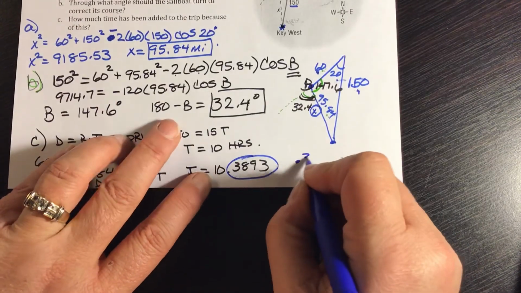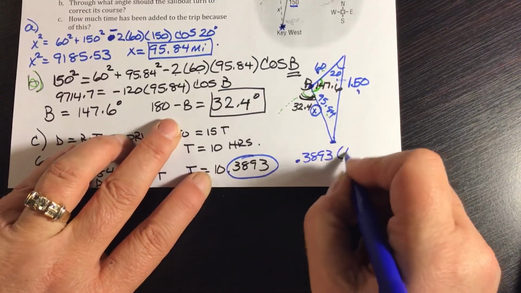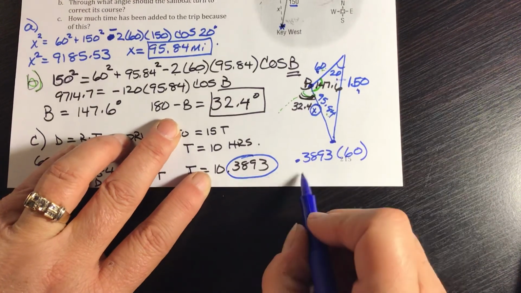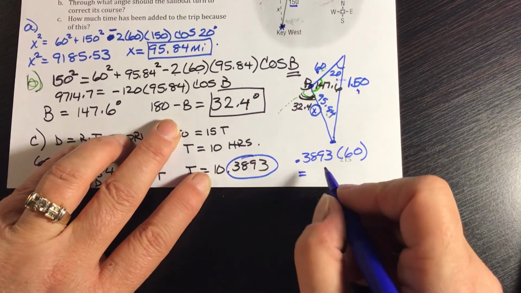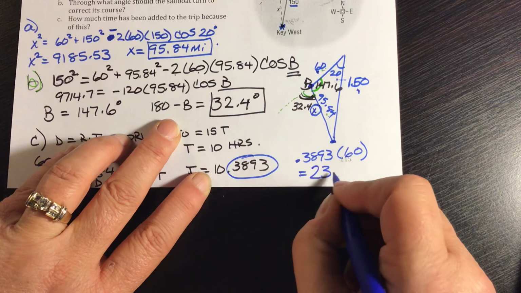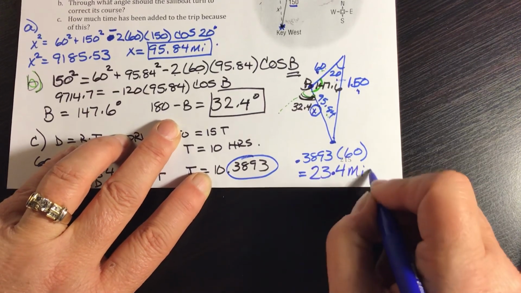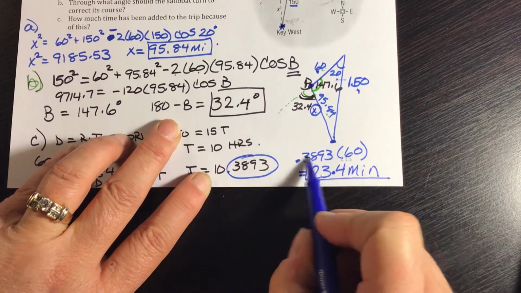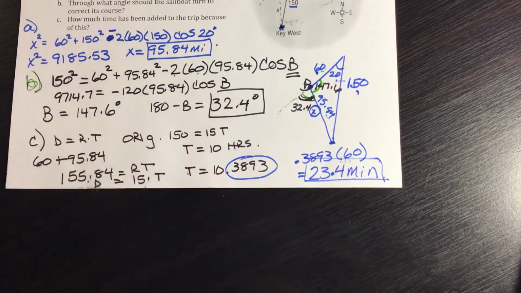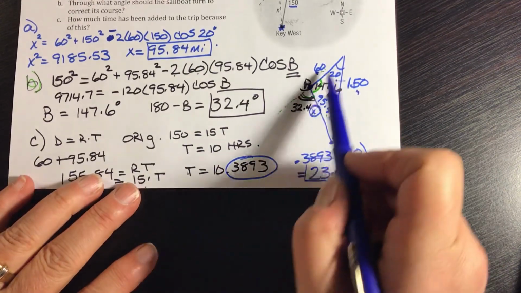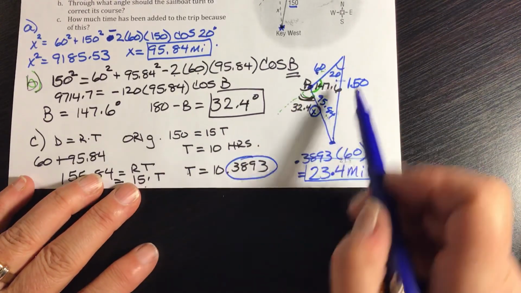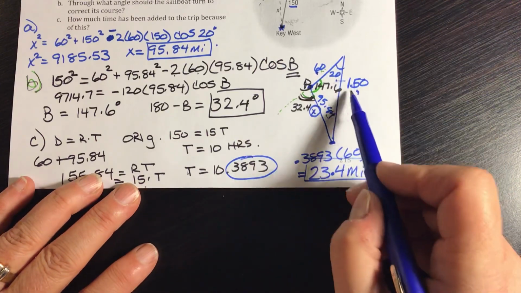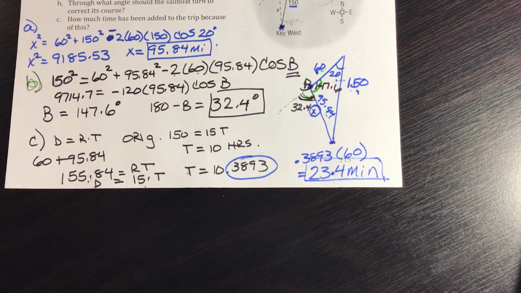So 0.3893 times 60 would give us about 23.4 minutes. And that's how much time was added onto the trip by going these two legs right here as opposed to straight 150 miles. And that's it.